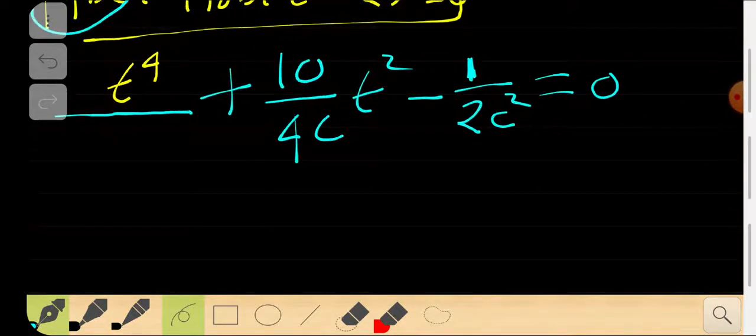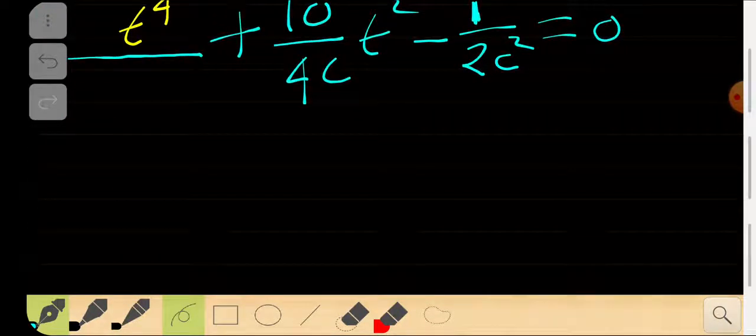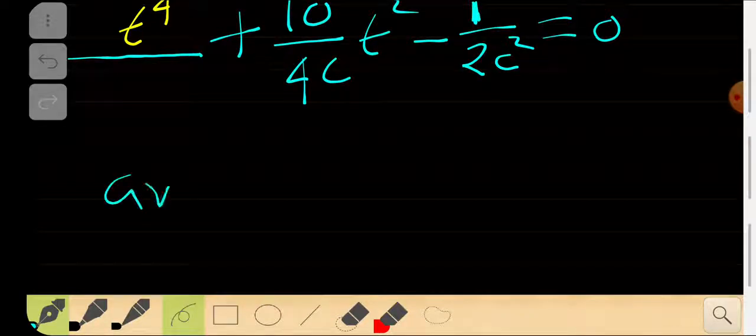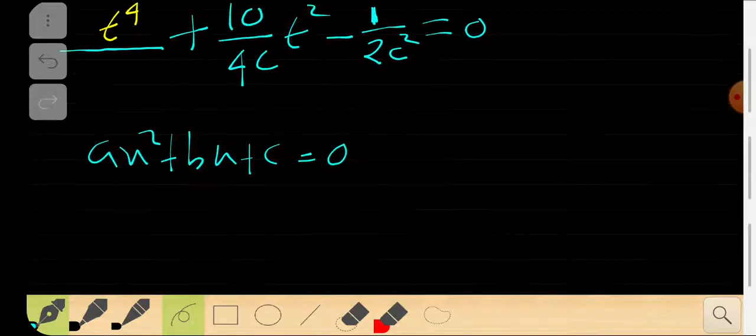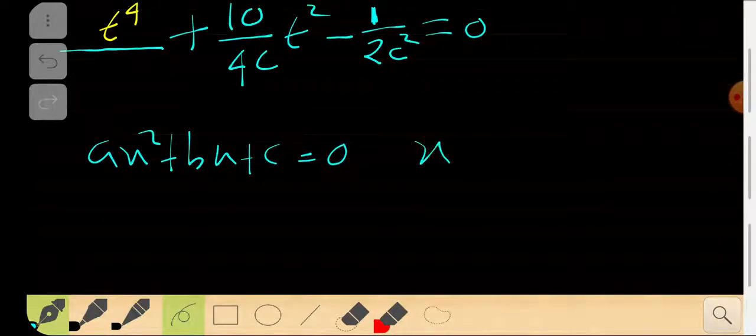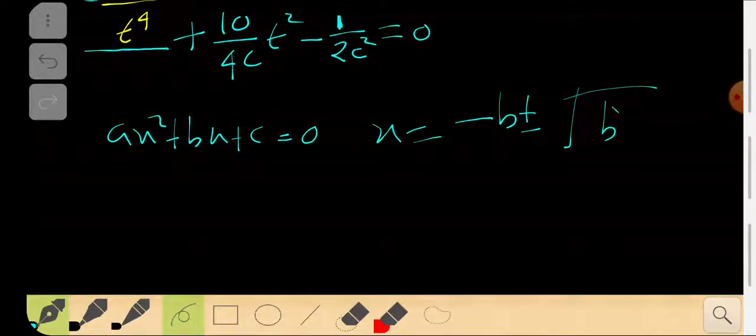This is what you'll get. Now you have learned from 8th standard, I guess, that ax square plus bx plus c is equal to 0 is a simple quadratic equation. You can solve it by x equal to minus b plus or minus square root of b square minus 4ac by 2a.